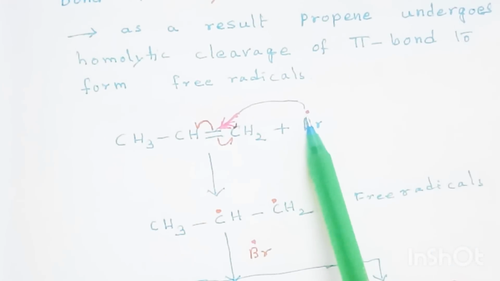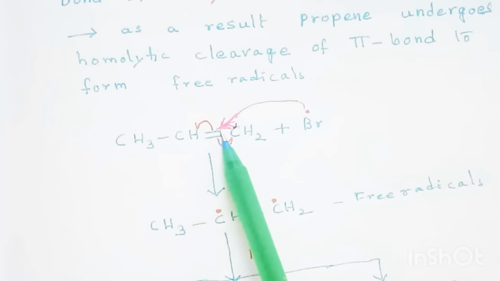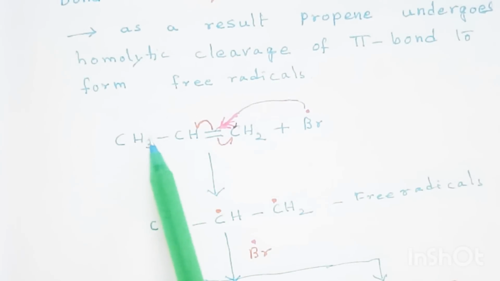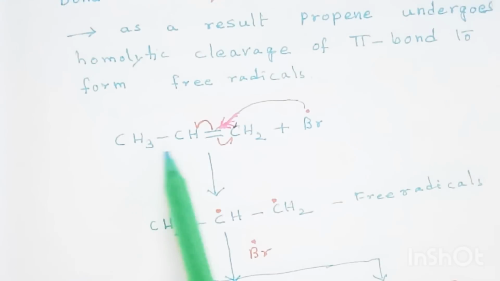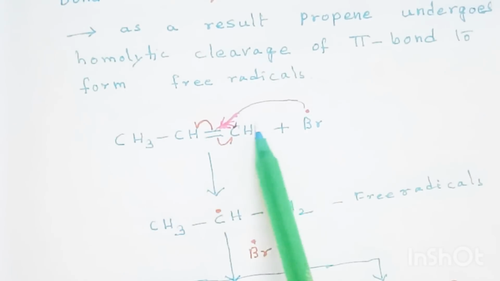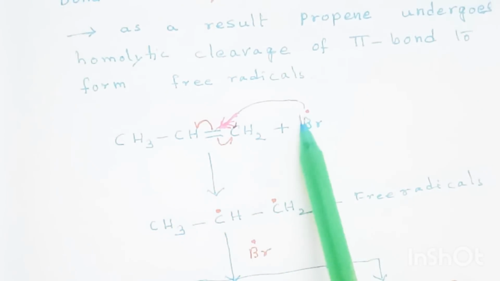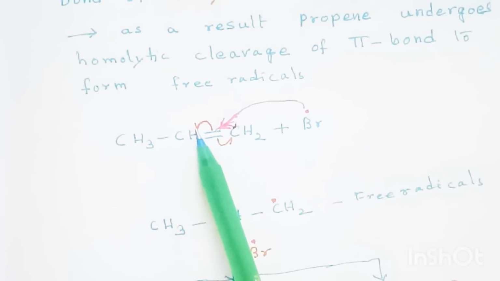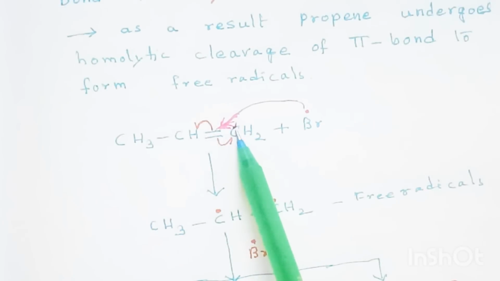This bromine radical attacks the double bond of propene. Propene is CH3CH double bond CH2. So this bromine free radical attacks this double bond, as a result of which this CH takes one electron, this CH takes another electron. That is called homolytic cleavage.